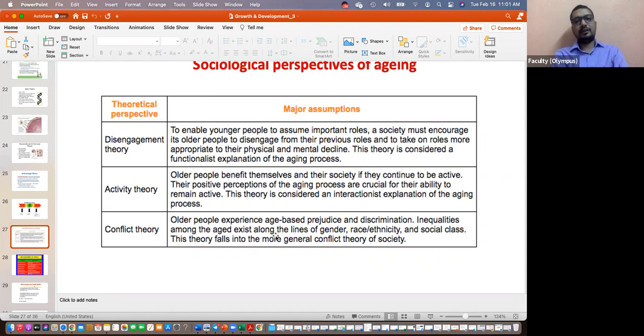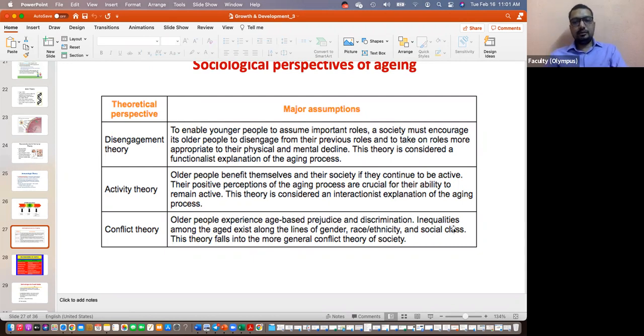You see these types of things, for example, in the airline industry. For air hostesses, for example, age is a criterion, and marriage is a criterion. So for certain jobs, we notice that there is a bias, an age-based prejudice and discrimination.